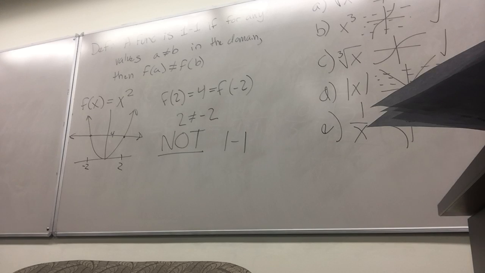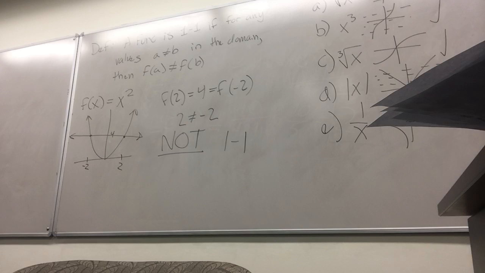Then, if (a, b) is on f, then (b, a) is on f inverse. So essentially, we literally flip the point around, right? So if (3, 2) is on f, then (2, 3) is on f inverse.